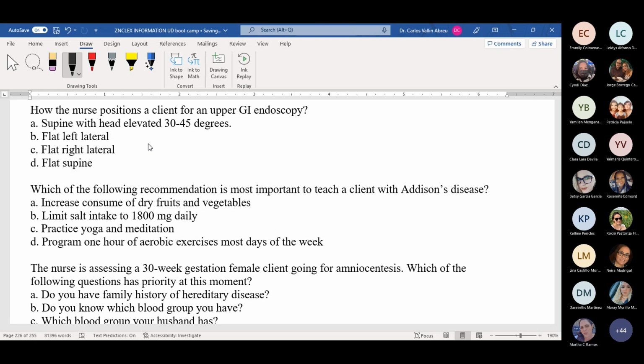So you need to know in this case, for colonoscopy, for enemas, for the introduction of a suppository, we use the Sims position, which is a left lateral position with the right lower extremity flexed. Yes, very good.